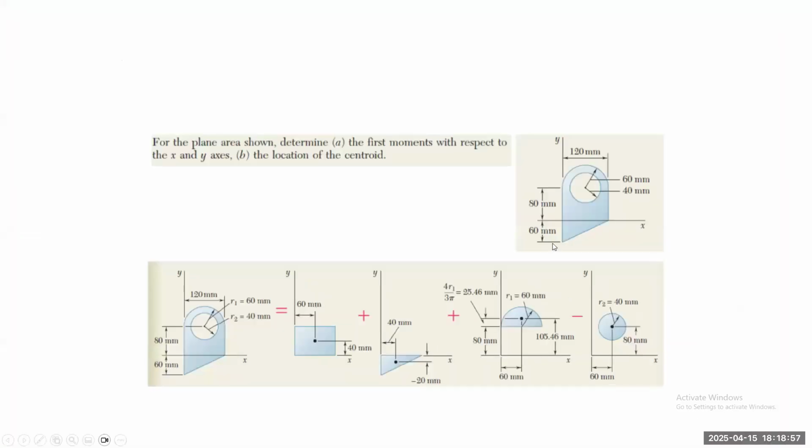So for this one, it says determine the first moment with respect to the x and y axis and the location of the centroid. There's typically some trick to this one, so you have to be careful. In this one, you have a similar figure to what I have there. Notice that the x and y axes go down there.